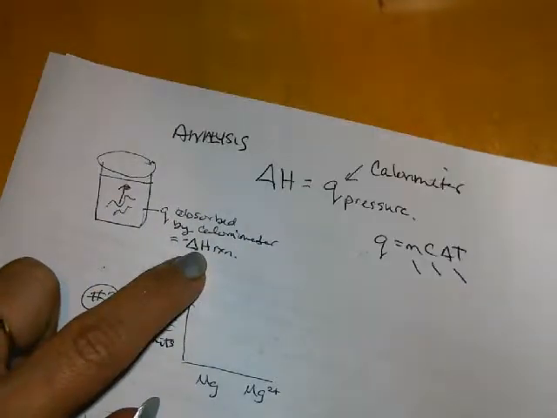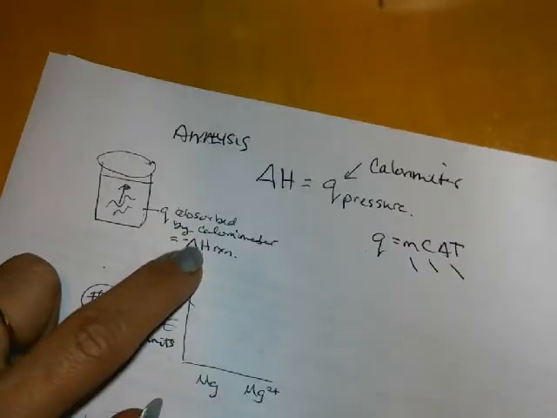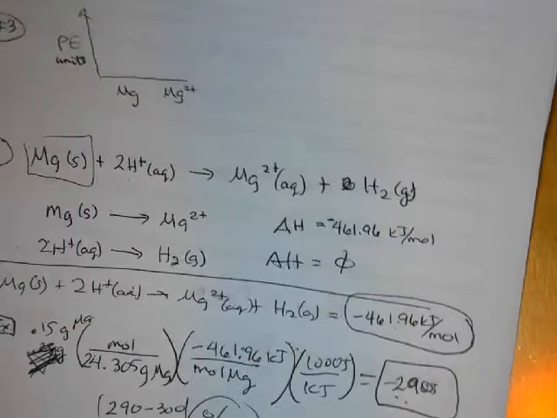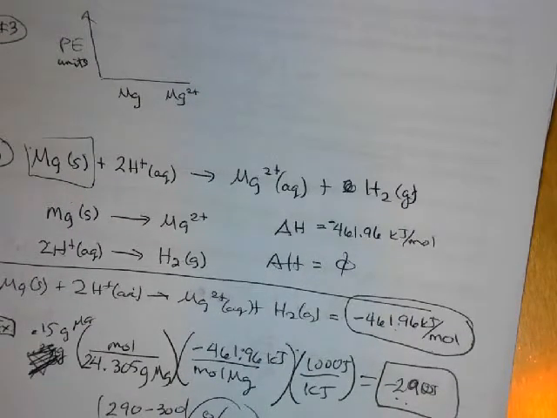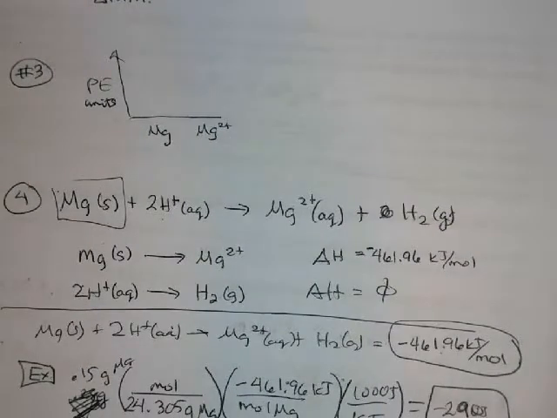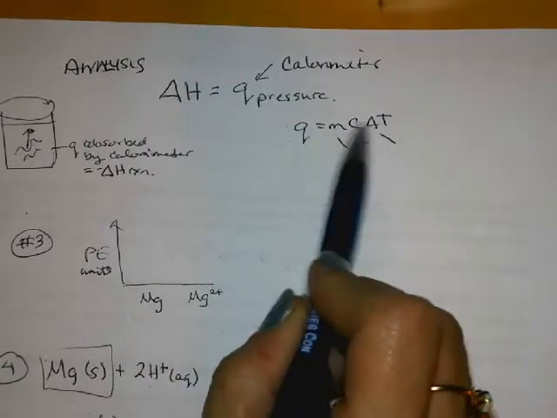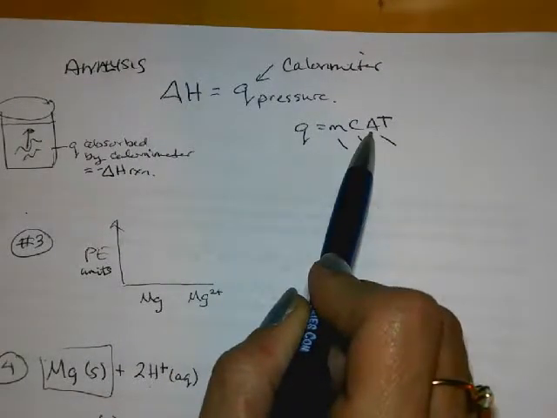So make sure you add a negative here, because if it entered your calorimeter, it had to have exited your reaction. So if it's a little bit more positive, that means what? That means it's less negative, which means this value is too small, which means your change in temperature could have been too small.